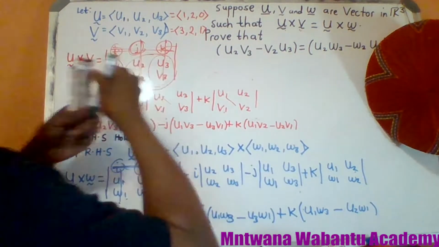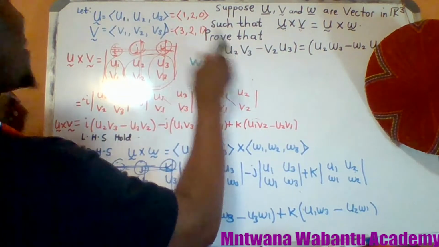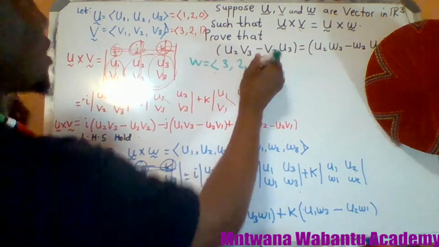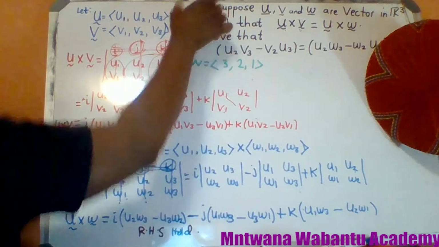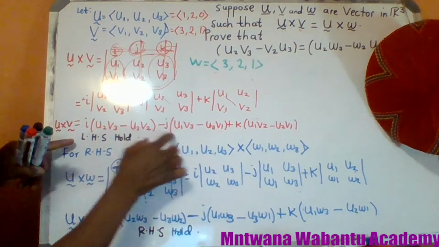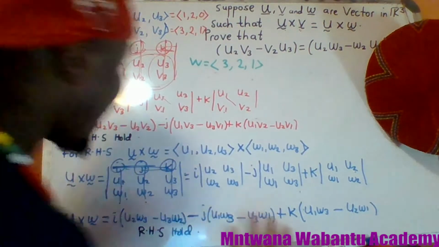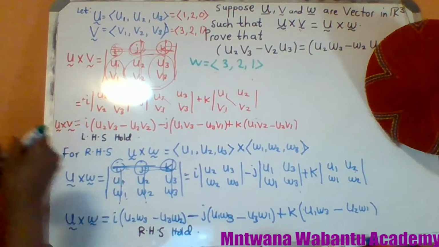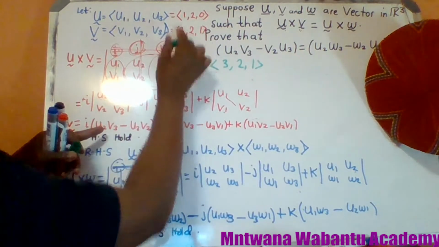But remember, V must be equal to W, so vector W must also equal V, just like we have seen. Now we're going to substitute these vectors U, V and W into the left hand side and the right hand side and see what happens.